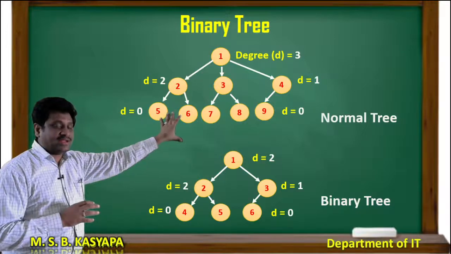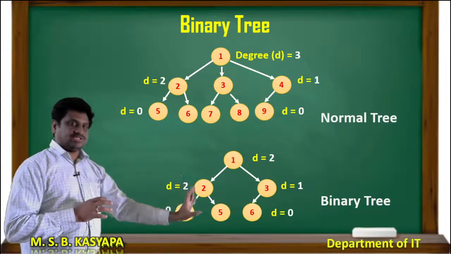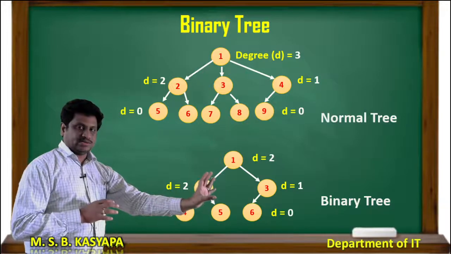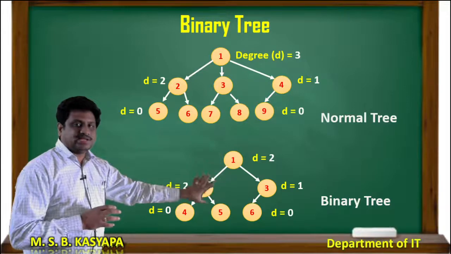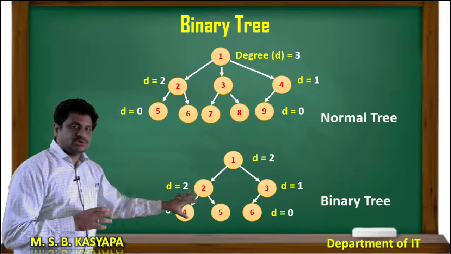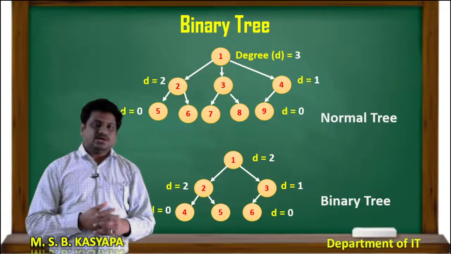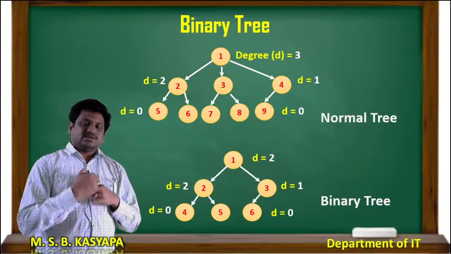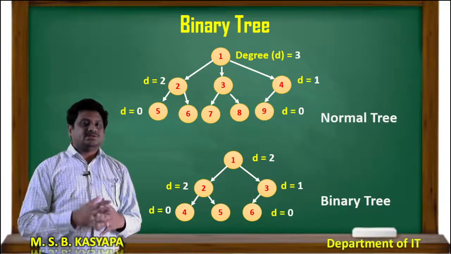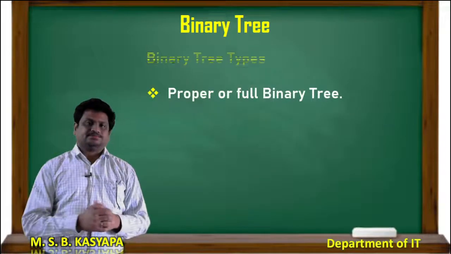A binary tree must contain either 0, 1, or 2 children. Alright. So here, if you consider this one, 1 contains 2 subchildren, 2 contains 2 subchildren, and 3 contains only 1 child. So like this, the binary tree can be represented. That is the main difference between a general tree and a binary tree.